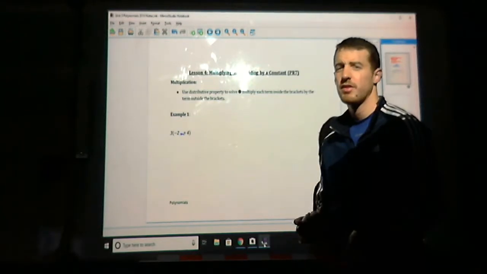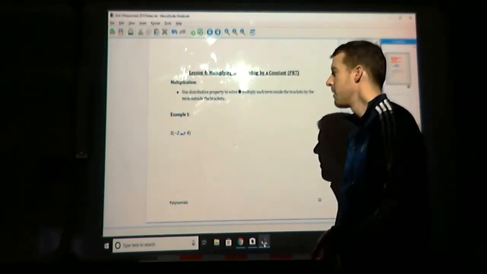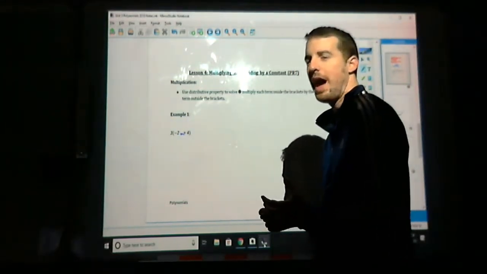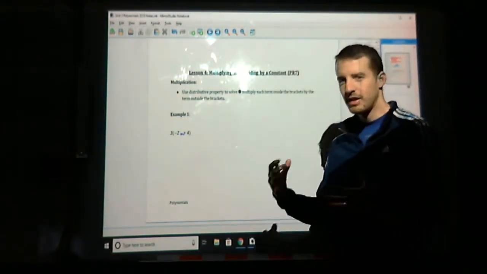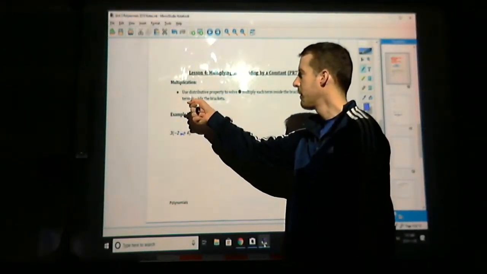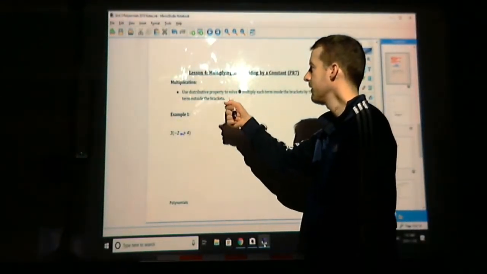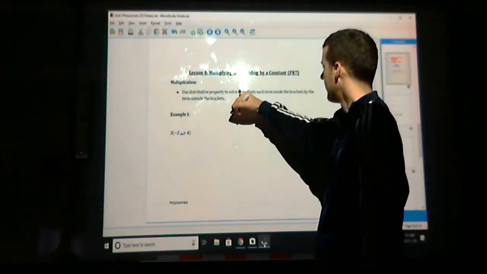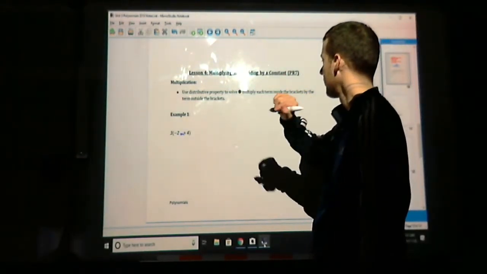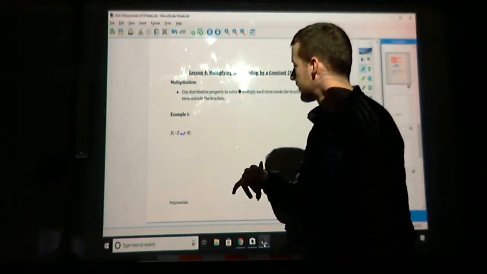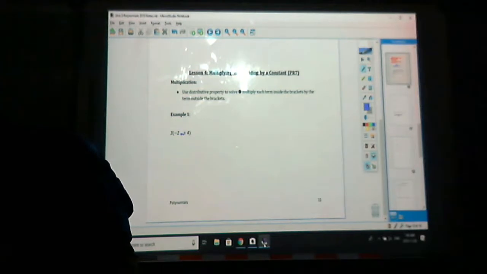It almost follows the same rules, especially if you were paying attention last unit when we were adding, subtracting, multiplying, dividing exponents, right? So, first step, use the distributive property to solve. Multiply each term inside the brackets by the term outside of the brackets.